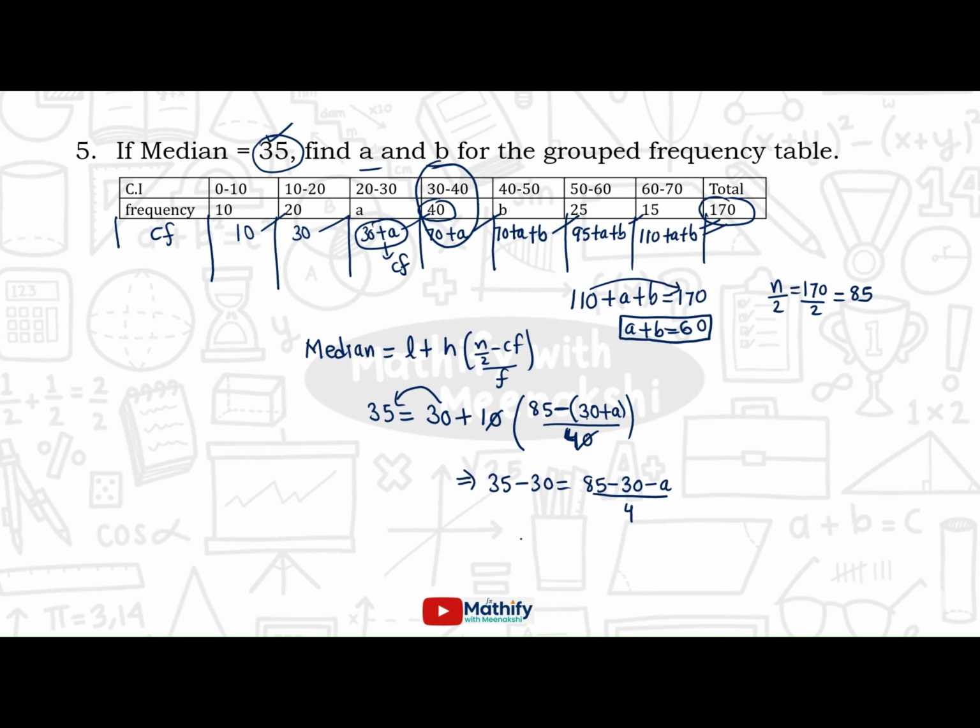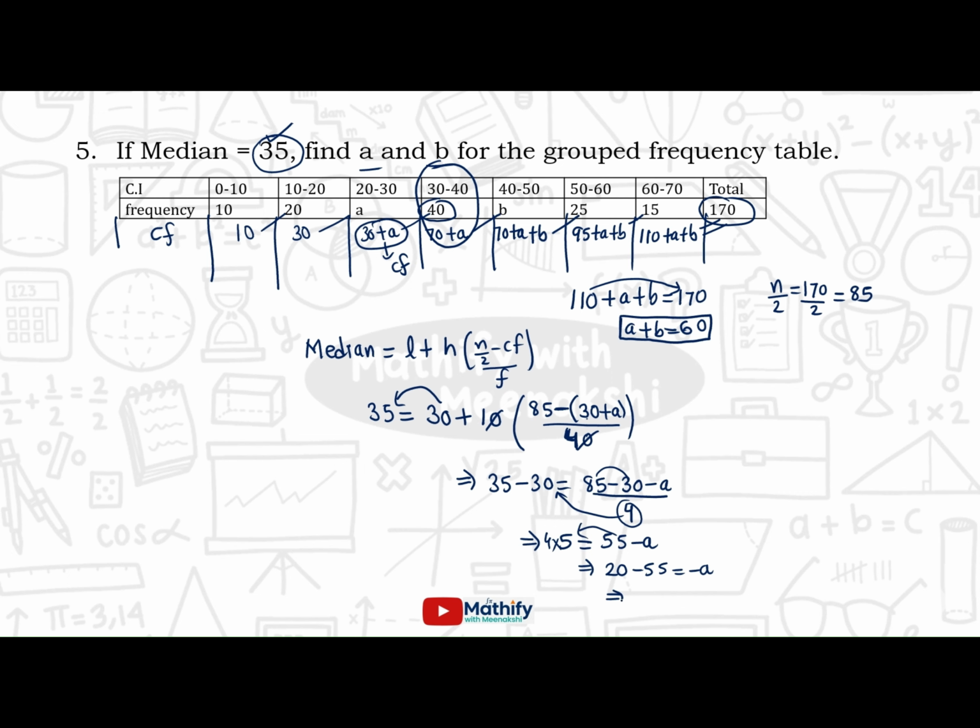We have 4. Now that means 5 is equal to, what is 85 minus 30? That's 55 minus A, and this 4 you can multiply with this 5. 4 into 5, so we can write 20 minus 55 is equal to minus A. Just transpose this 55 to that side.